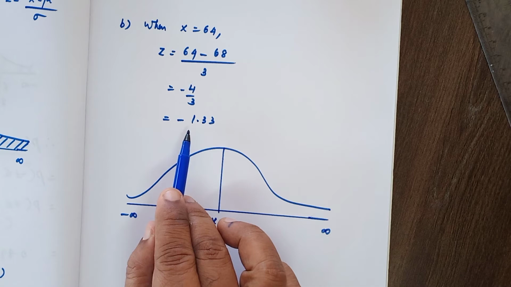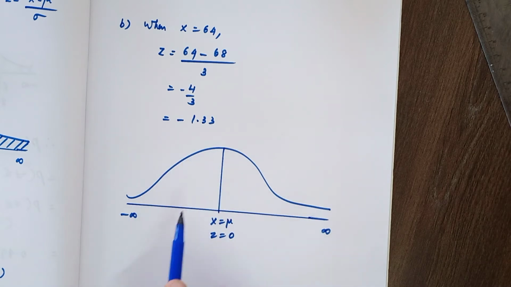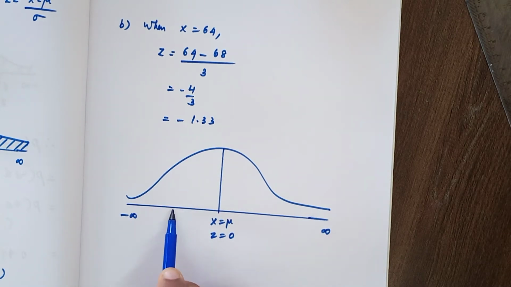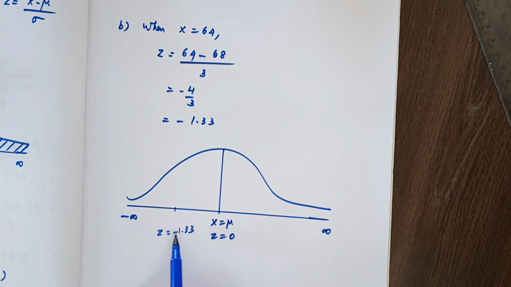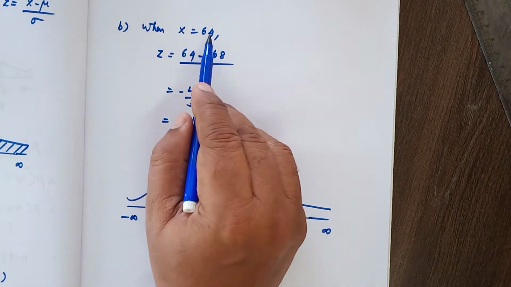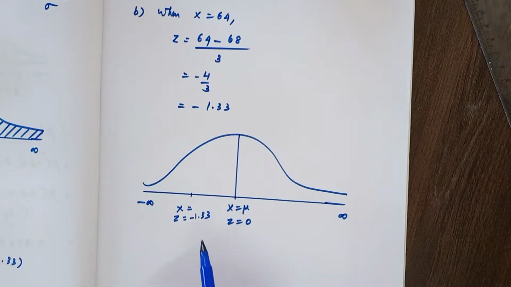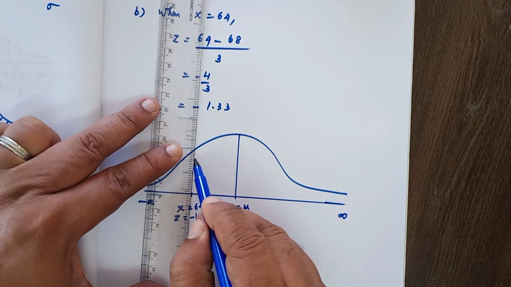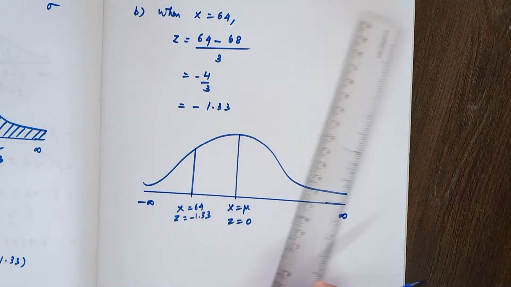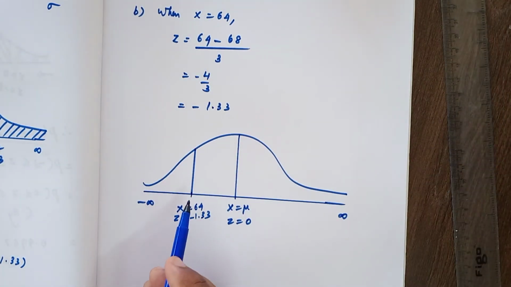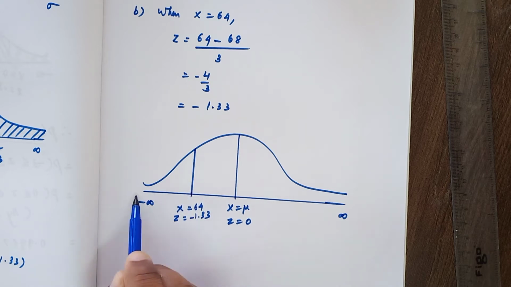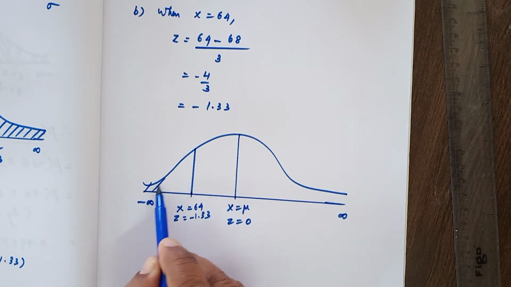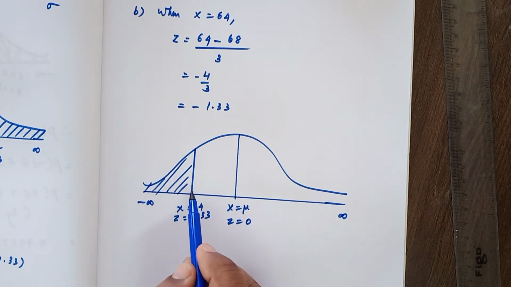Here we have a negative z value. So write the negative value anywhere in this region. I take here z equal to minus 1.33. The corresponding value of x is equal to 64. Draw a line here. The question says less than or equal to. Less than or equal to means the left hand side of 64 till minus infinity to be shaded. This portion we have to calculate.